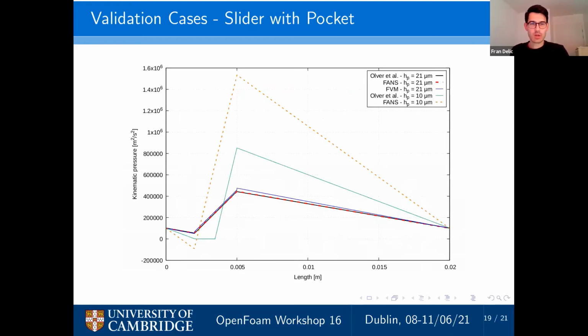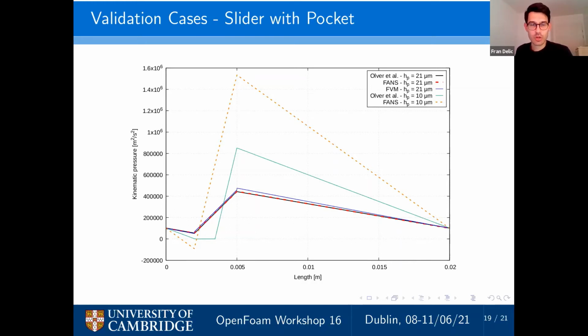So looking at this graph, this is a pressure distribution along the slider length. We have two cases here. The first case is the analytical solution by Oliver et al., presented with the black line. The red dotted line represents a solution using the newly implemented method, and the blue line represents the solution using the finite volume method.